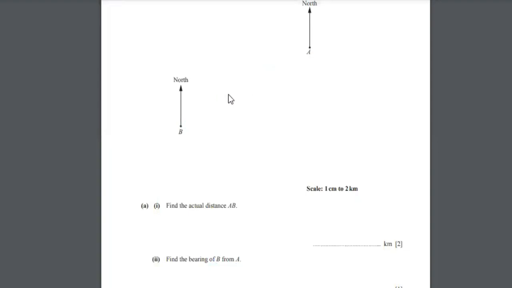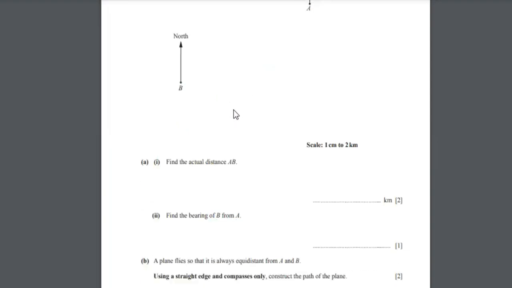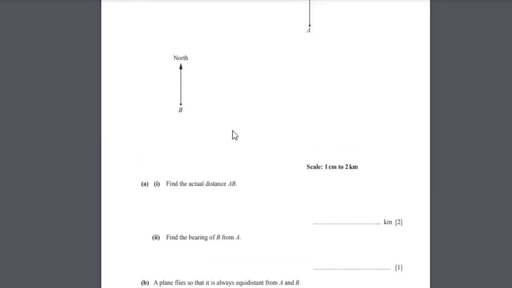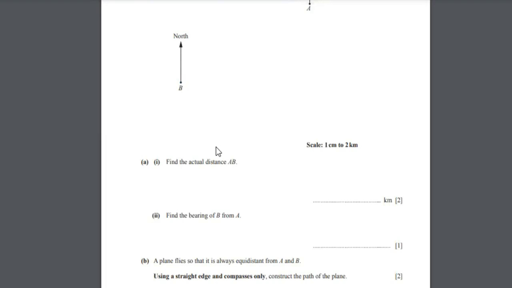Okay. A plane flies, next part, B part. A plane flies so that it is always equidistant from A and B. Using a straight edge and compasses only, construct the path of the plane. Okay.